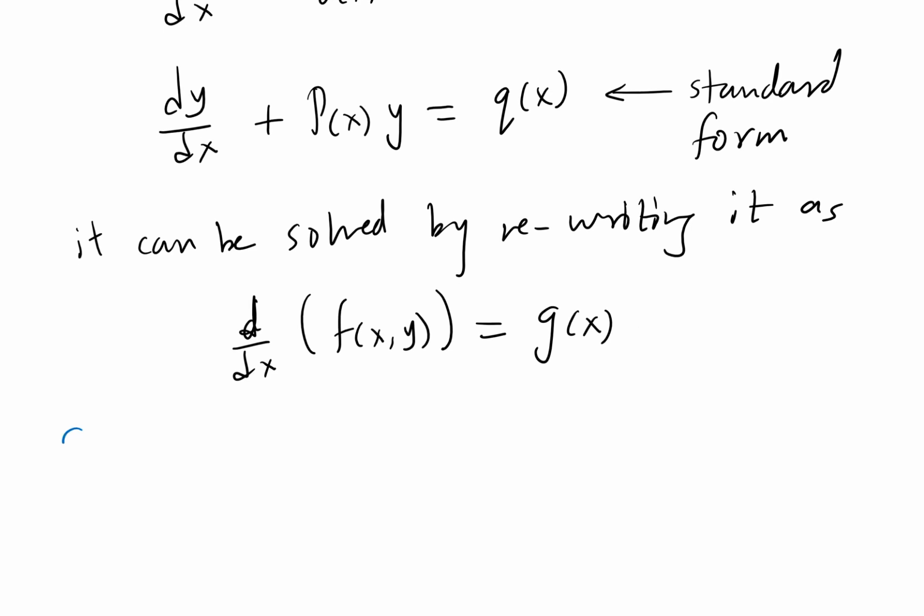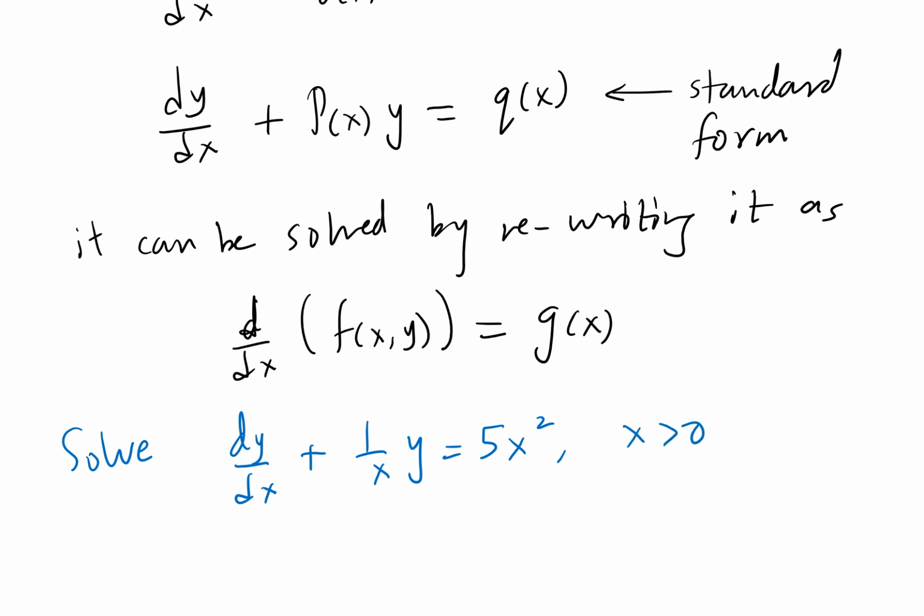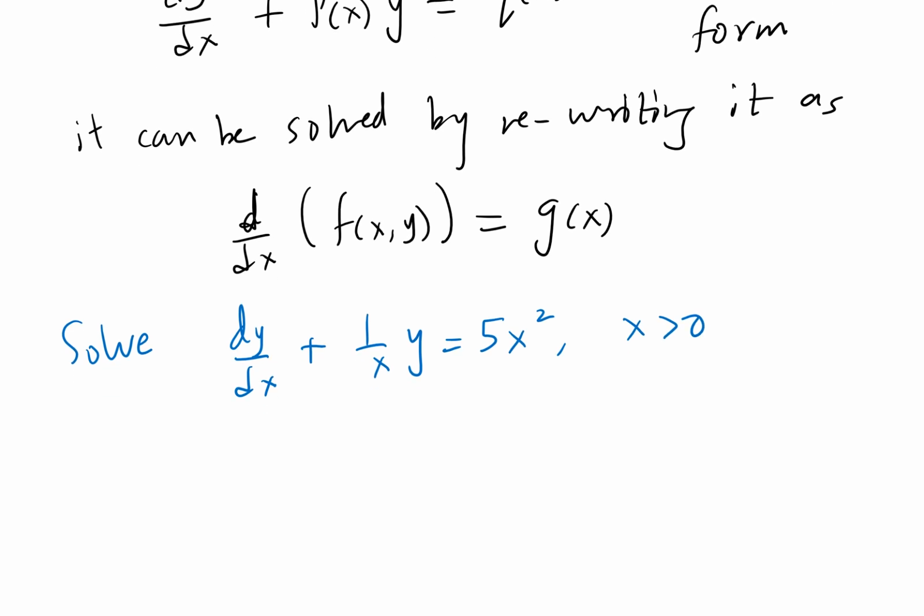For example, if we are asked to solve dy dx plus 1 over x y equals 5x squared, where x is bigger than 0. It's given in a standard form, just in case. If we multiply by x both sides, we would get 5x cubed.